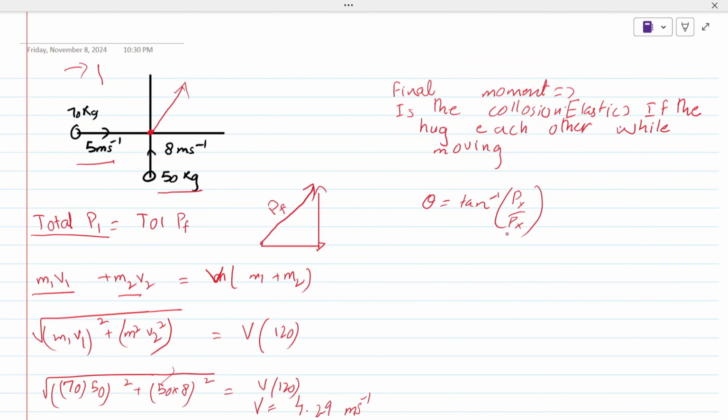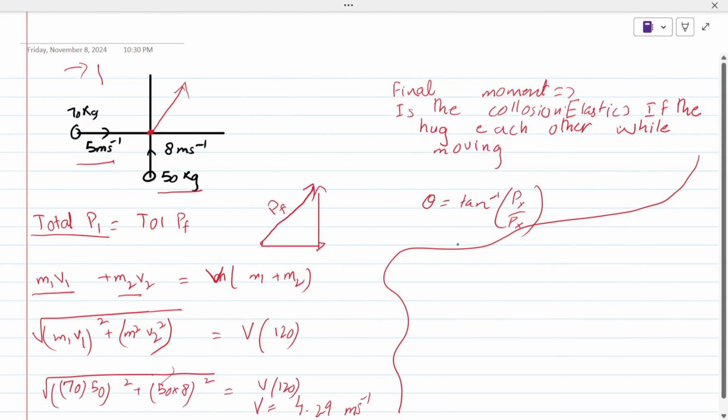Now, is this collision elastic? We can check it by calculating the kinetic energies. What would be the kinetic energy initially? Kinetic energy initially would be equal to half m1 v1 square plus half m2 v2 square.